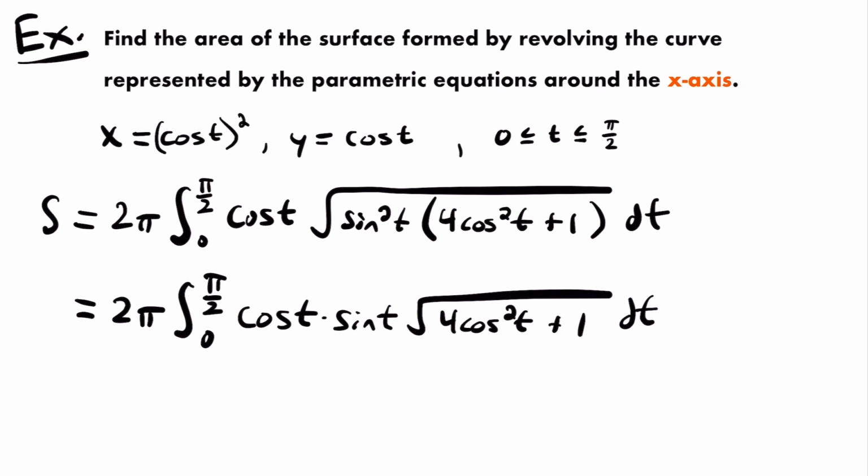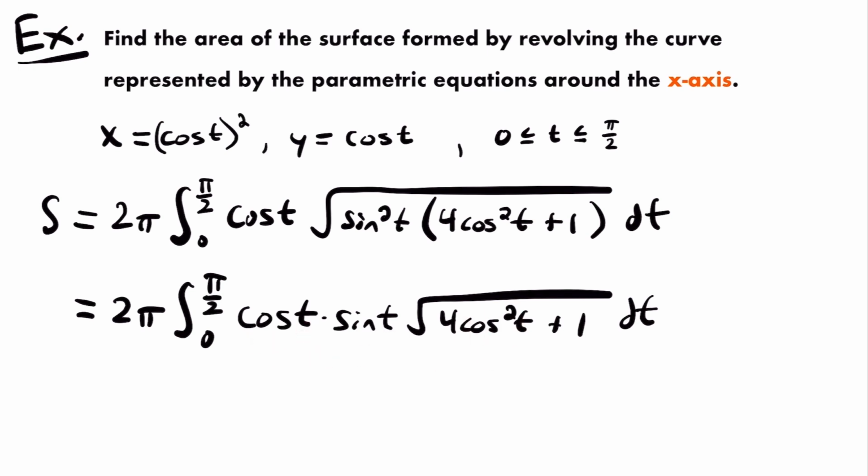And so the question is, if we set u equal to 4 times cosine squared t plus 1, would the derivative of that function be found in this integral? In other words, is the derivative of this inside function close to cosine t times sine t? And I say close because we're not really worried about any constant multiples being off. We're just worried about, is the derivative of this function going to include cosine t and sine t?